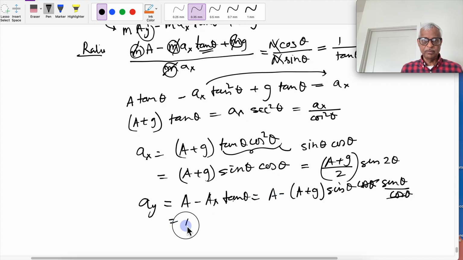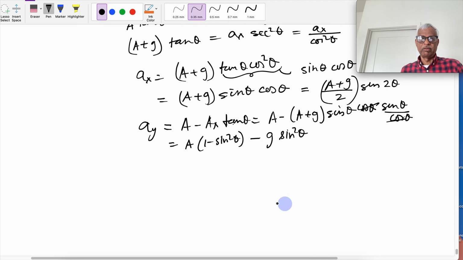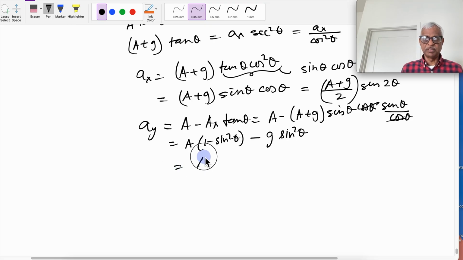So A times 1 minus sine square theta minus G sine square theta, and this simply becomes A cosine square theta minus G sine square theta.